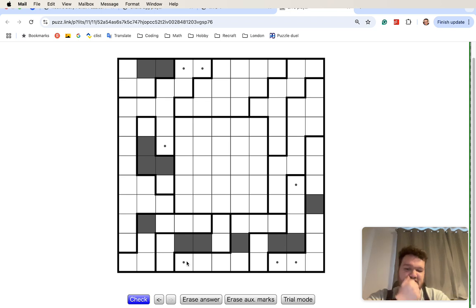In this type of snaky figures, it's not always like this. For example, this would be an S tetromino, but here a lot of options are L tetrominos, and I think in this region we are guaranteed to have an L tetromino.